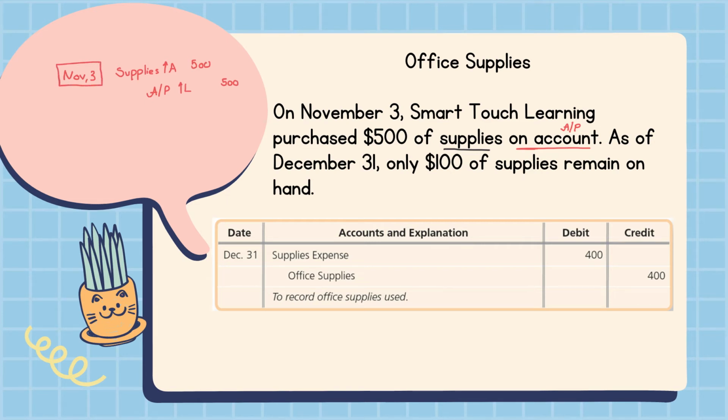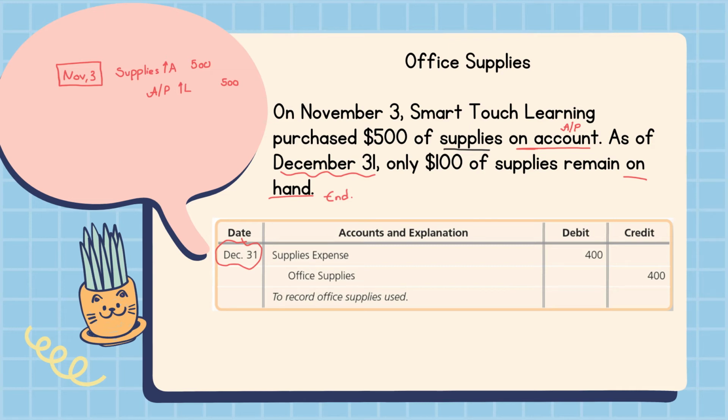Now he's saying as of December 31st, so this is the date that we record our adjusting entries at. Only 100 of supplies remain on hand. Remain on hand means this is the ending balance. This is the ending balance for supplies. It's only 100. So how much of supplies were used?